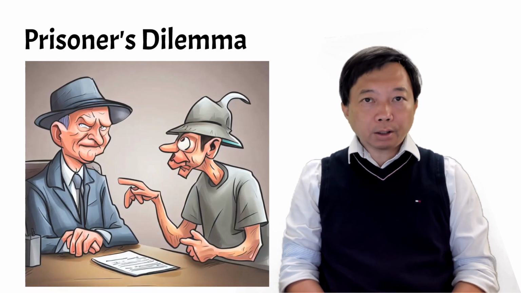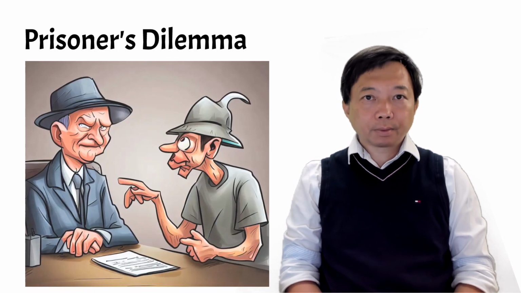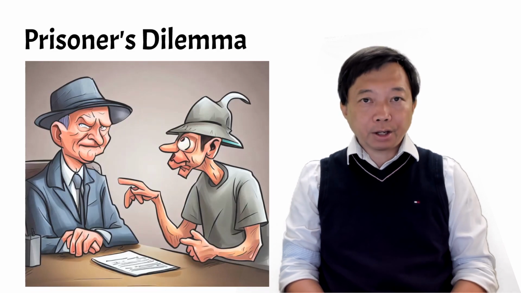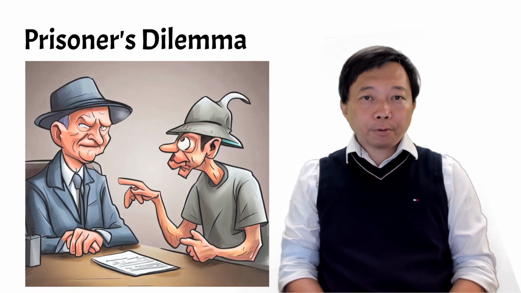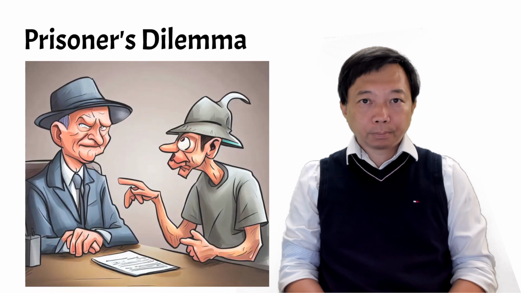If you do not confess, and the other suspect does confess, then you will be sentenced to 5 years, and the other will be sentenced to 1 year. If you were the first suspect, what would you do?